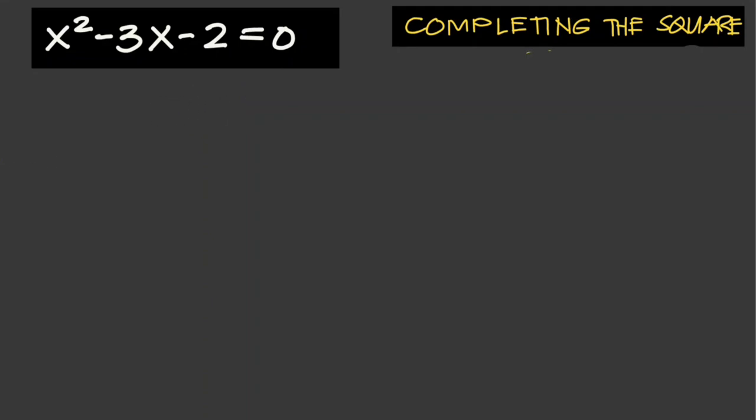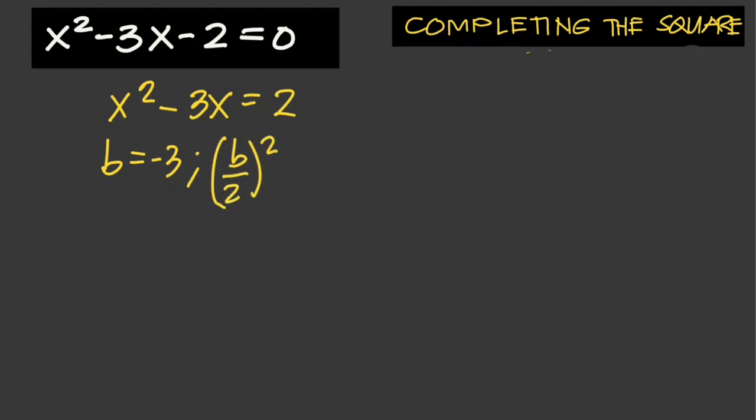So we can just write this equation directly as x squared plus bx equals c. So let's write that in that form. This would be x squared minus 3x equals 2. And then our b here is equal to negative 3. Therefore, our b over 2 squared is just negative 3 over 2 squared.